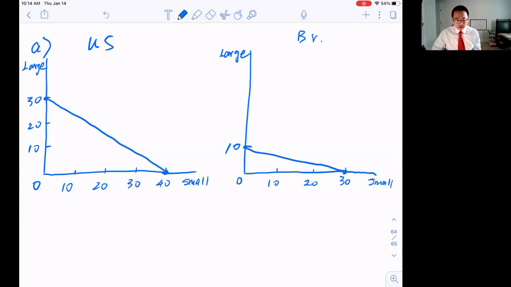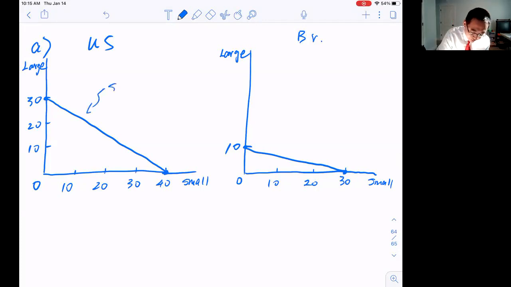So the slope of your PPF actually denotes the opportunity cost, and specifically the opportunity cost of your product on your horizontal axis. I'll write that down.